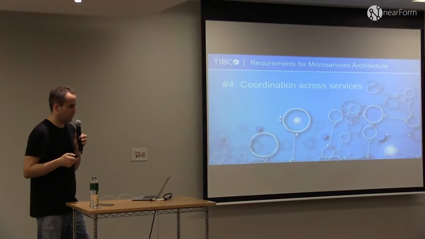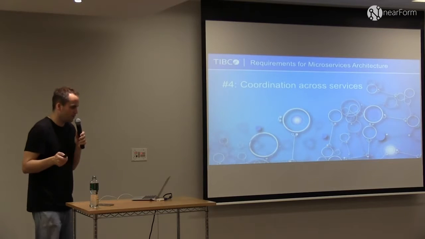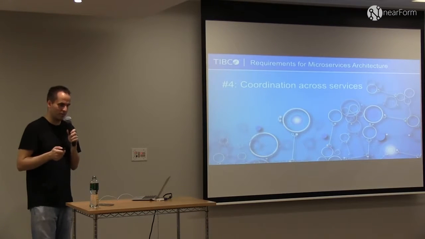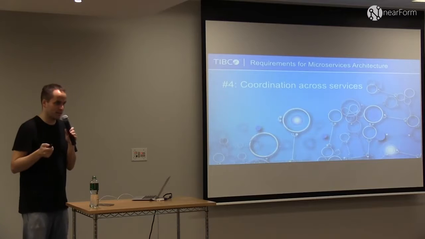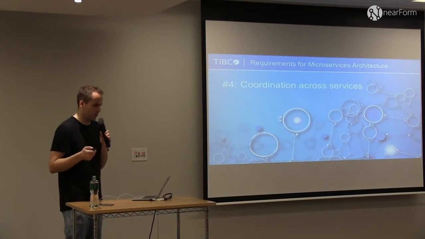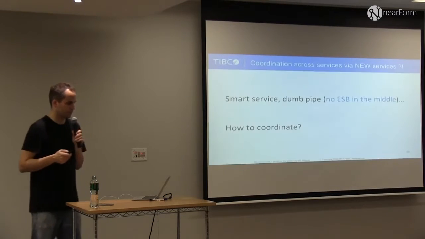The fourth part of the architecture which we implemented at customers is then when you have a lot of different microservices, they have to work together because otherwise it doesn't make much sense usually, so you have to coordinate them.